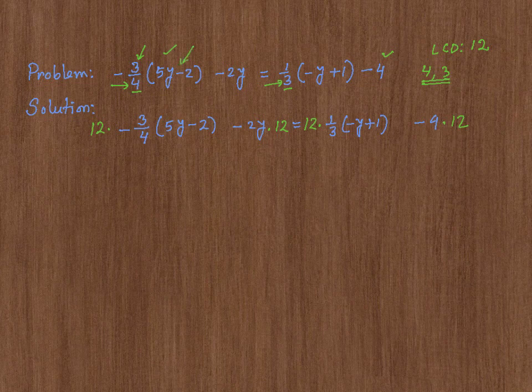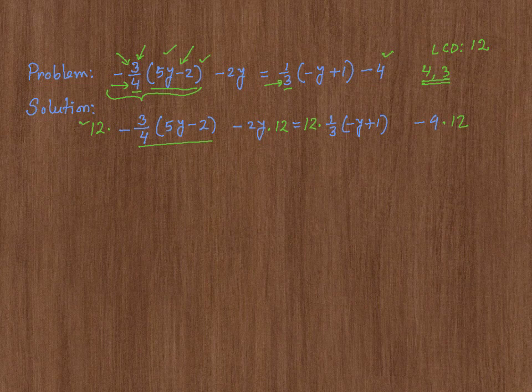However, that is incorrect. Please keep in mind that this whole thing is one term. Negative 3 over 4 is being multiplied by whatever is inside the parenthesis, so you need to multiply this whole thing by 12 only once.